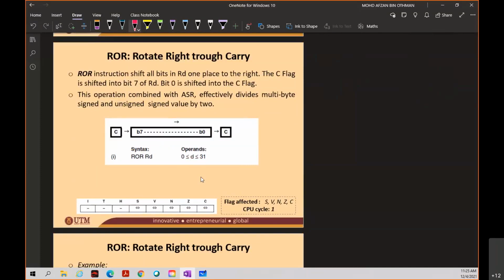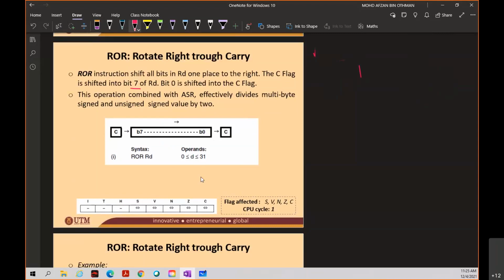And the C flag is shifted to bit 7, while bit 0 is shifted into the C flag. So again, for this ROR, you have two C flags. One is a C old, and the second one is C new.